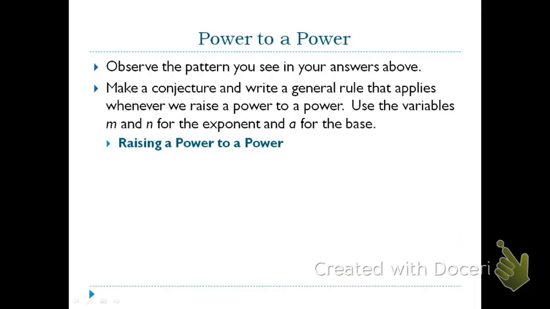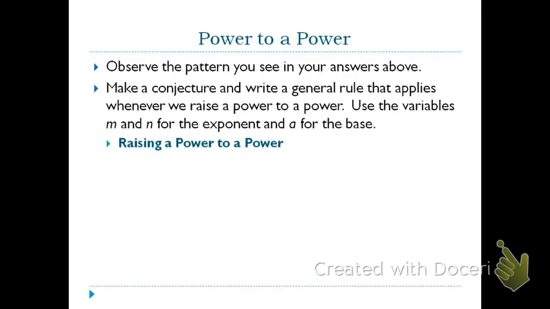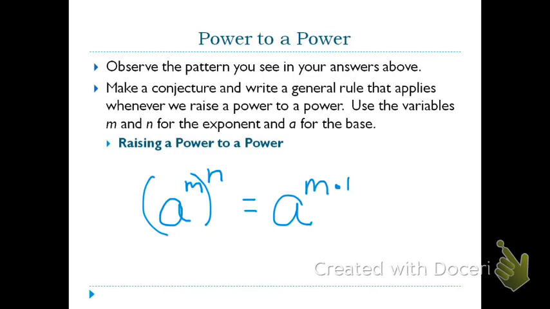If we have any base to a power, and that power is raised to another power, it's the same thing as the base to the m times n. So that's raising a power to a power.